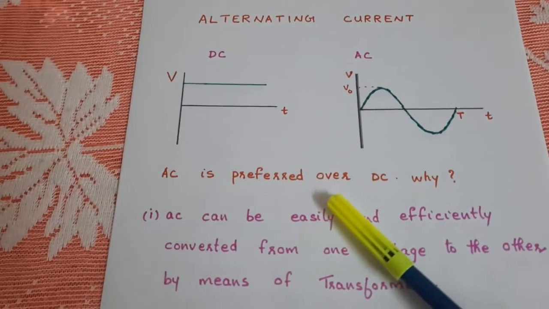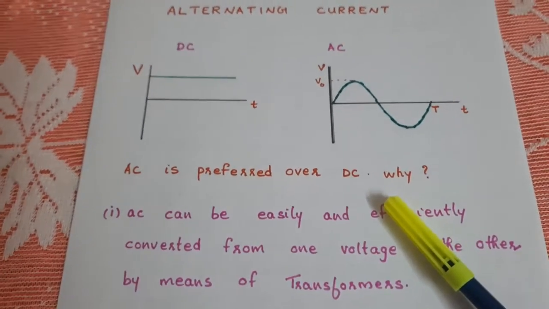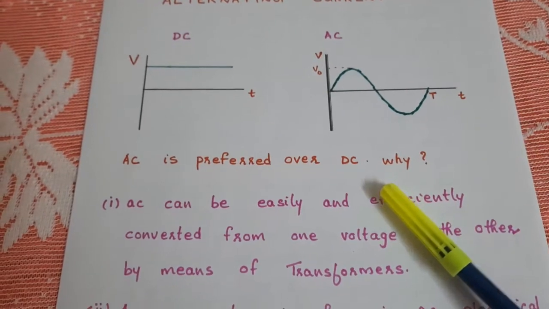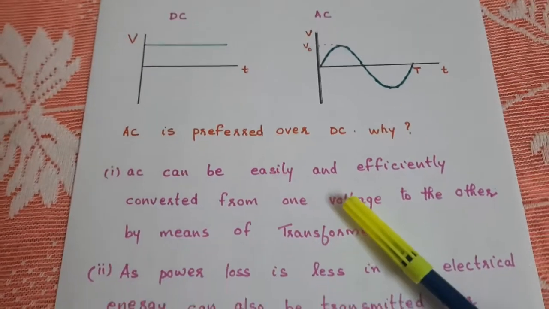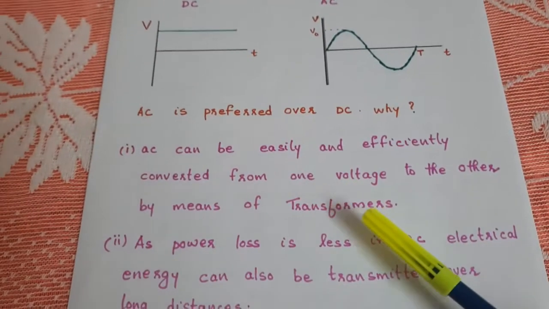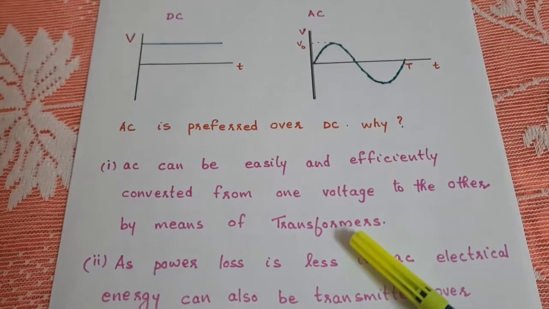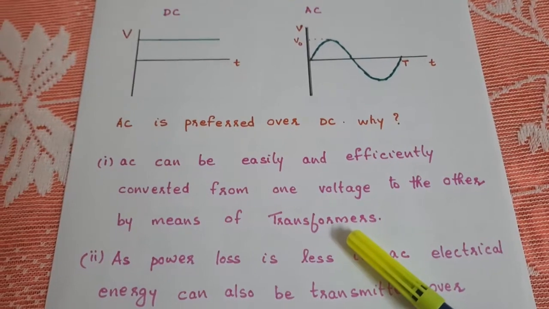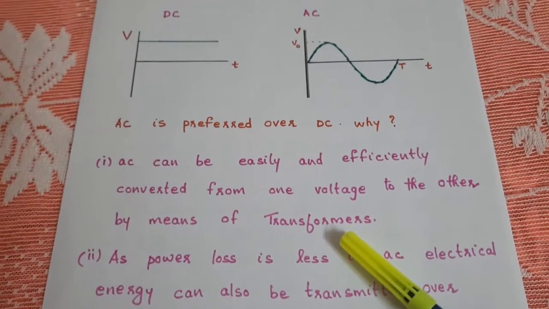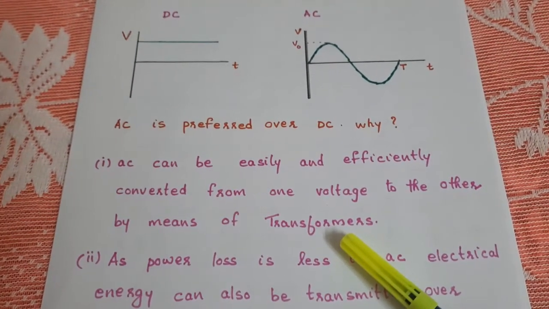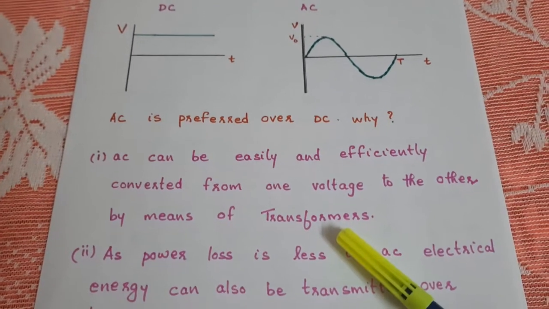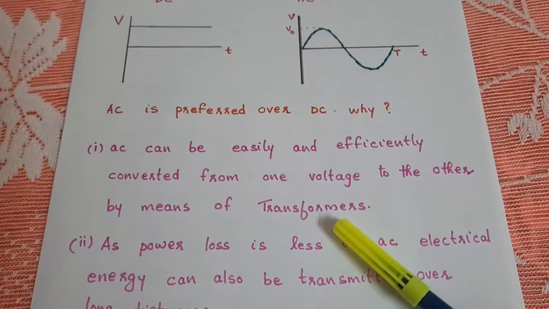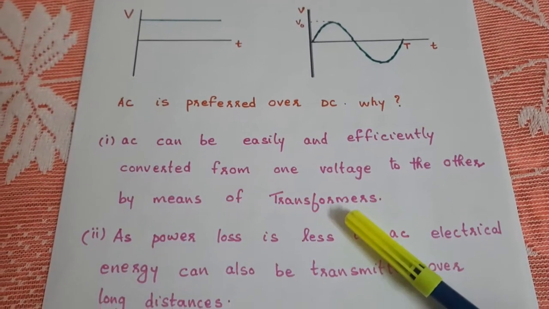And why AC is preferred over DC? AC can be easily and efficiently converted from one voltage to the other by means of transformers. It can be stepped up to high voltage and stepped down to low voltage using transformers.